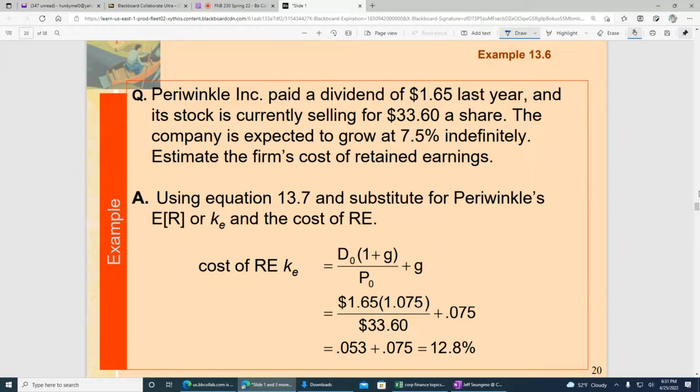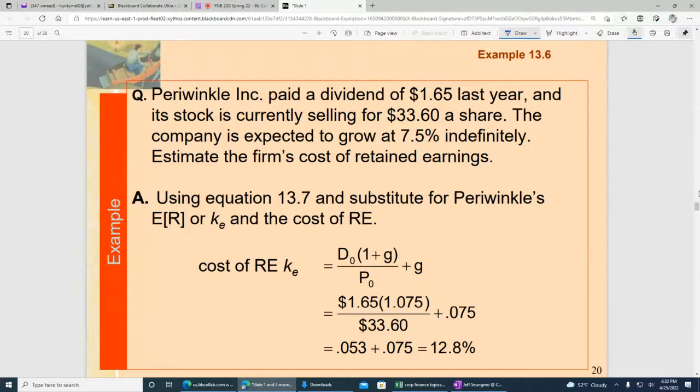But then again, using retained earnings is not free. You have to understand why. The retained earnings, this project must generate... in other words, if the cost of equity is 10%, that means that's the required return on the equity.